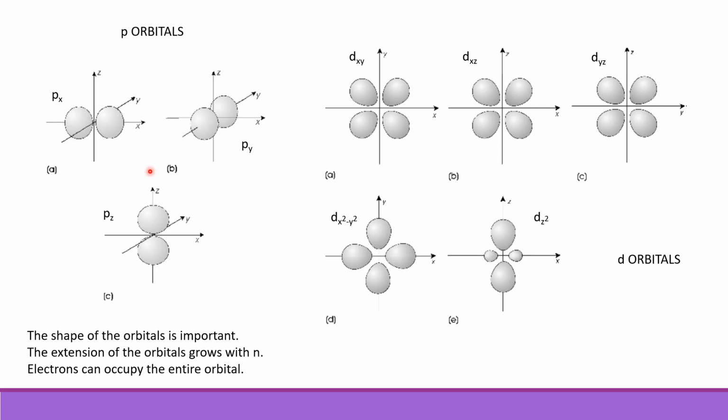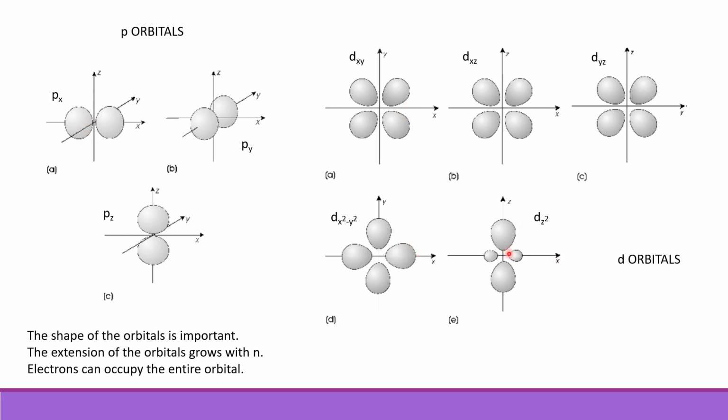So you have here the different symmetries reflected, and the d orbitals are a little bit more complex. So you have here the xy, the xz, the yz. In this case, the symmetry is not across one of the axes, but across the different planes.